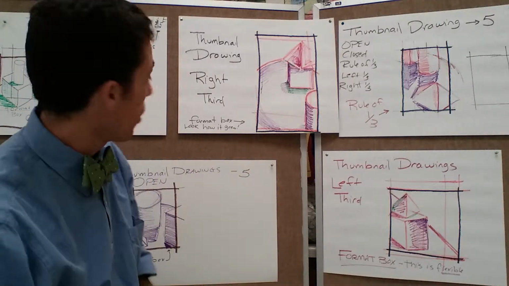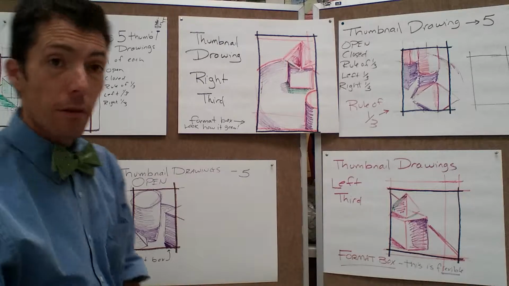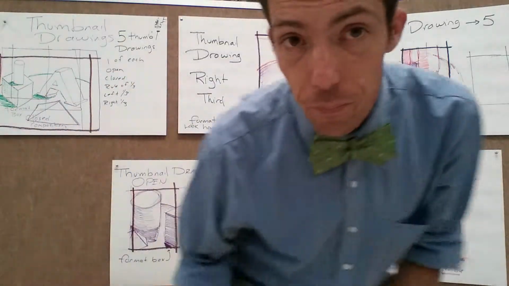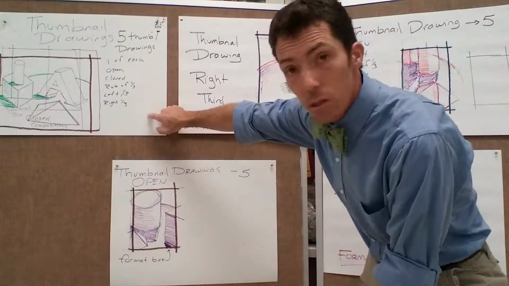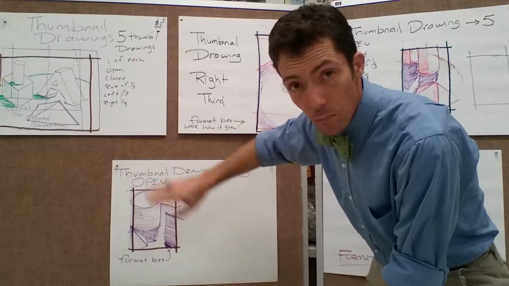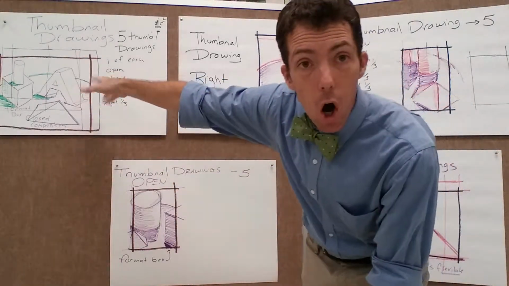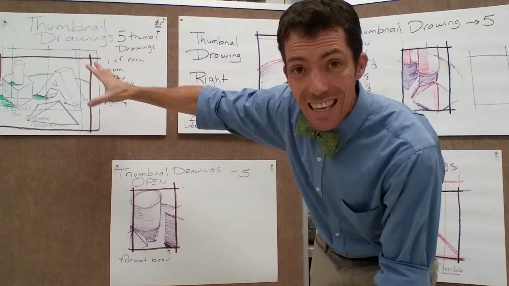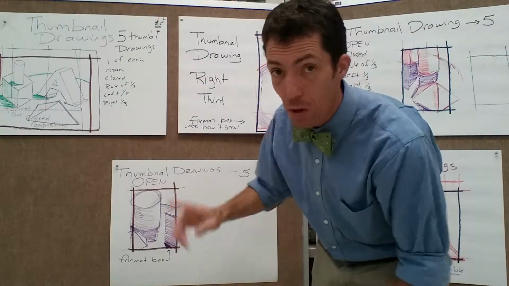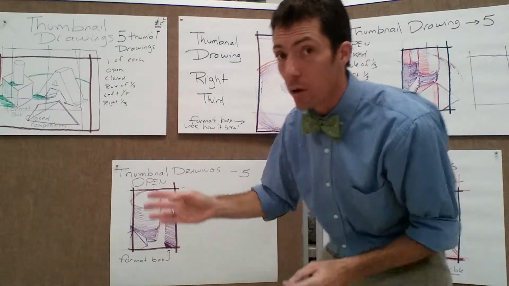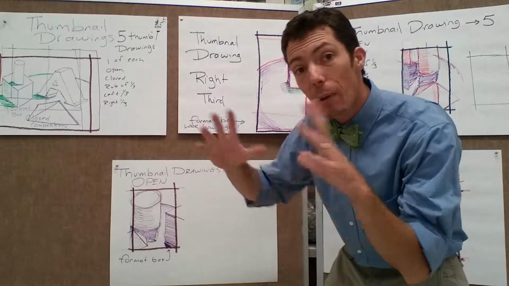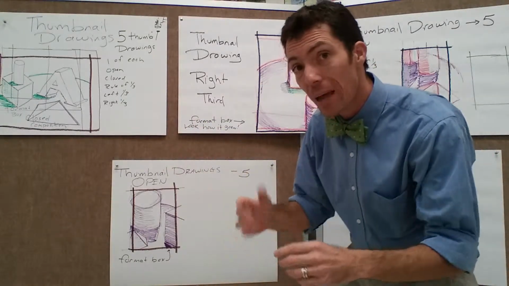So looking at my board, the closed composition, this is a closed composition. In a closed composition, all of the objects are contained within the picture plane. One of the neat things about this particular drawing was I was able to expand my format box as I drew.